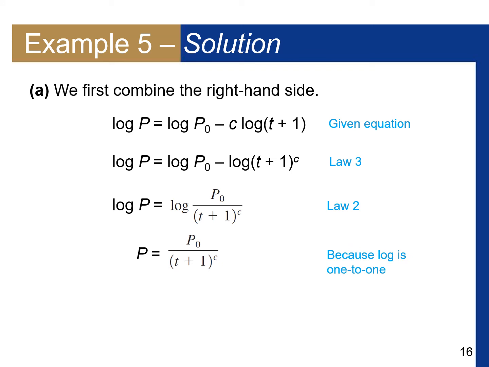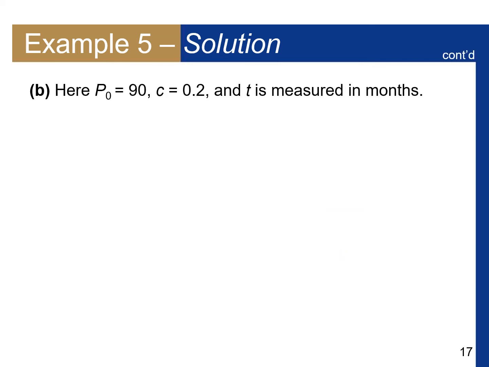So we have the log on both sides, so because log is one-to-one, we can set one side equal to the other. And here P sub 0 will equal 90 and c will equal 0.2 and t is measured in months.